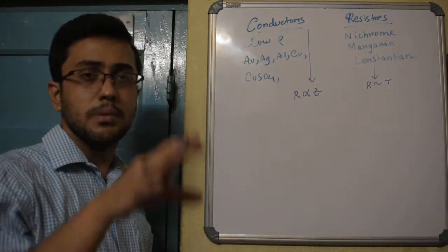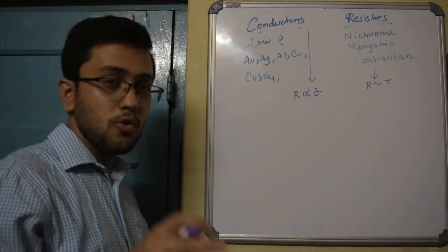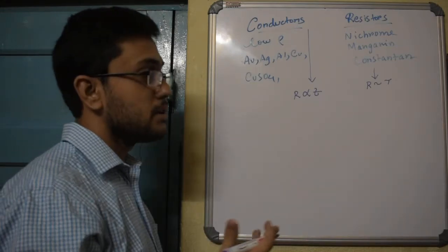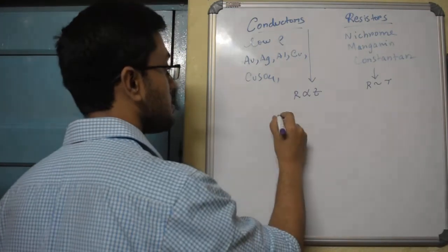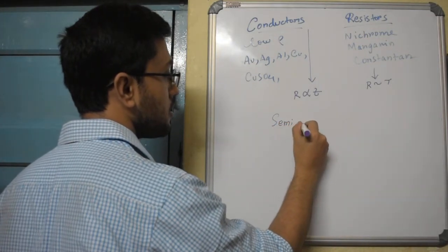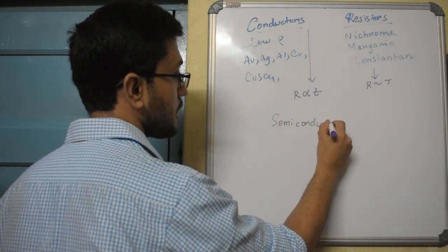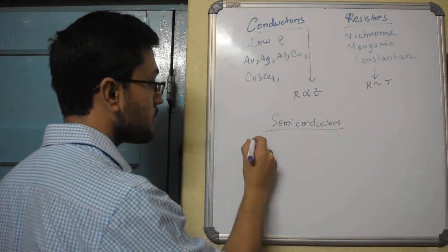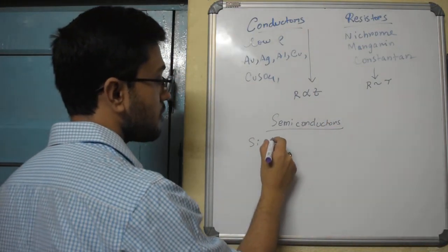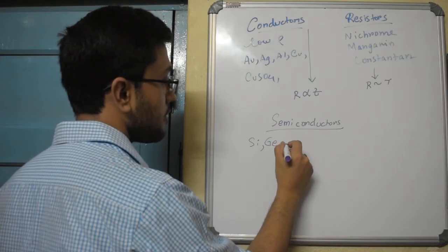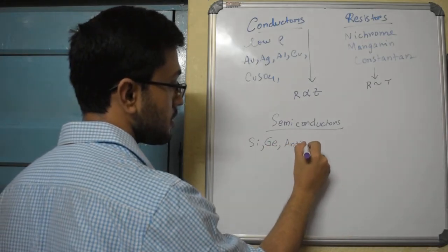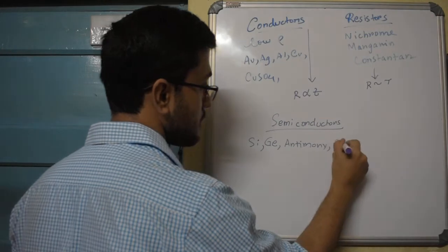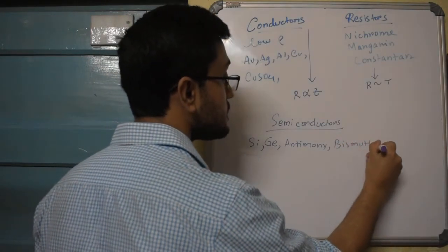Whether you increase or decrease the temperature, if it is not drastic, resistance and resistivity remain almost constant. And if you are looking into semiconductors, what are semiconductors? Like we have silicon, germanium, antimony, then we have bismuth. These are examples of semiconductors.